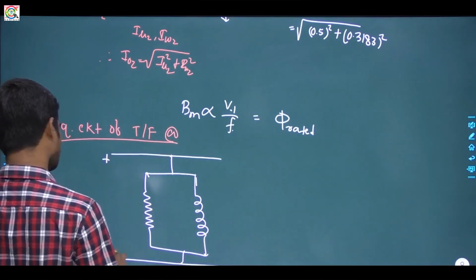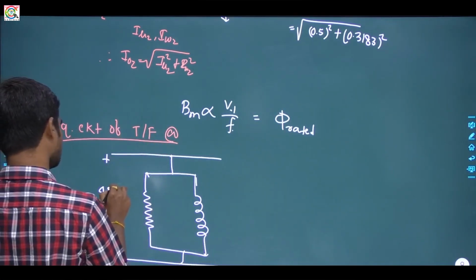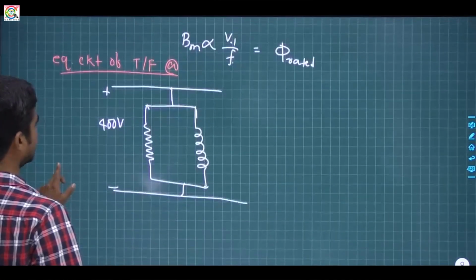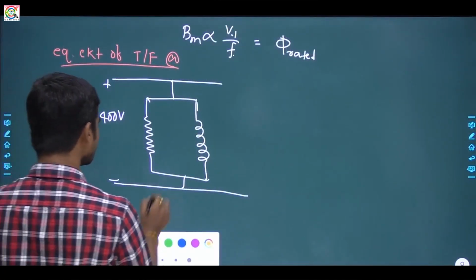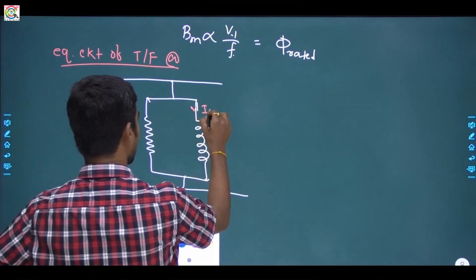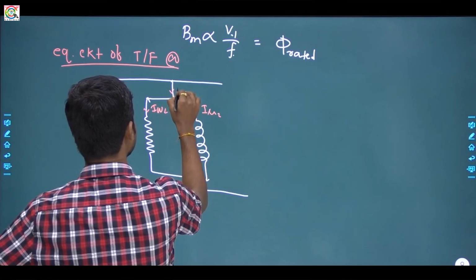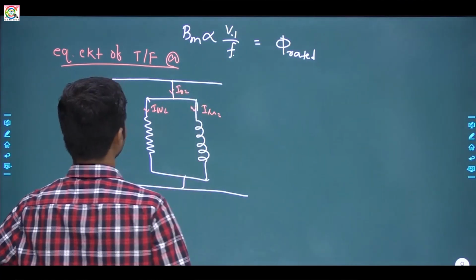This one is your 400 volt. This is the open circuit test condition. And this is your Imu2, this is Iw2, and this one is your I02.